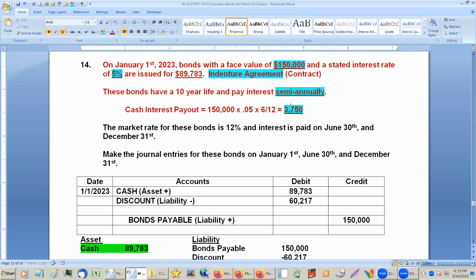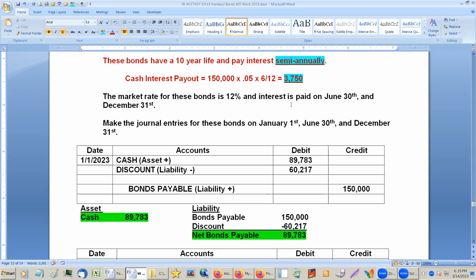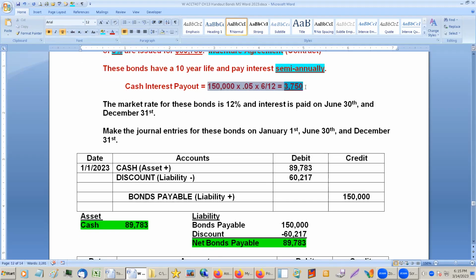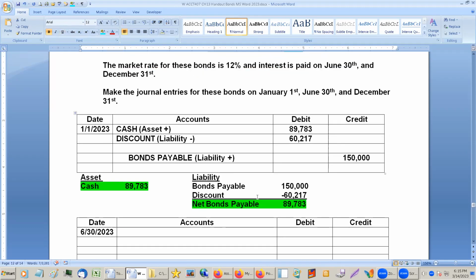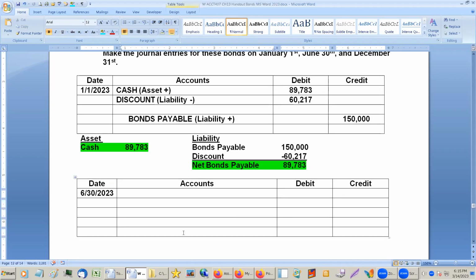So by contract, we must pay $37.50. So coming down here, I'm going to copy this whole thing. Come down here to the second one here. So cash is an asset going down.